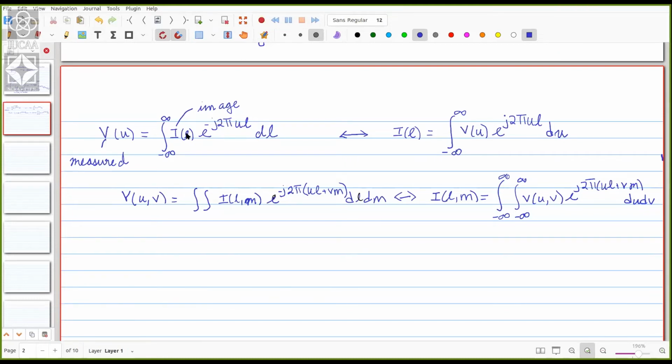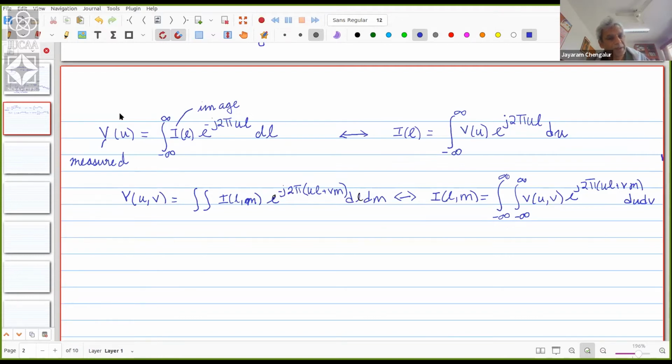That's the property of this. So that means if I want to image a source which has only variations on large scales, I should measure V of u at small u, because everywhere else V of u is zero. And the reverse, if I want to image a source which has got fine scale structure but not much large scale structure, then I should measure V of u at large u.